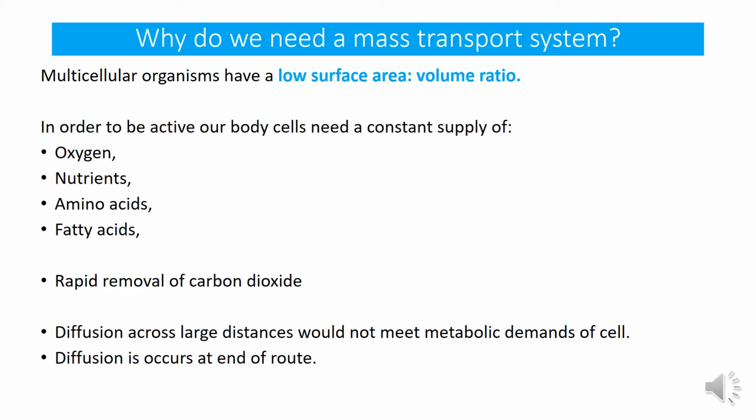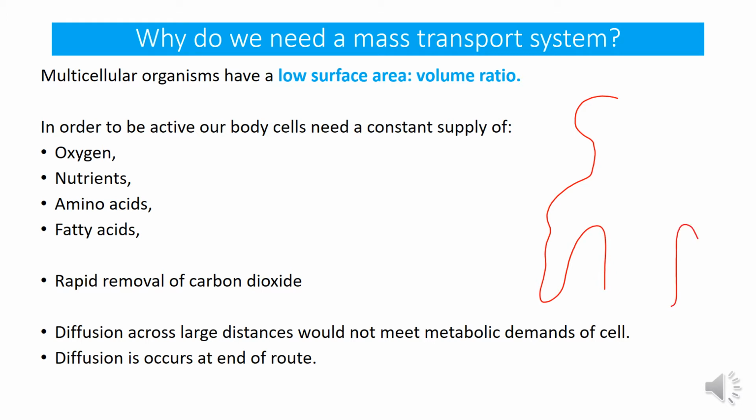So just to introduce it, the idea is that we all need, as multicellular organisms, to have mass transport systems. And this is because multicellular organisms have a low surface area to volume ratio. What this means is that we cannot supply all our body cells with diffusion alone.